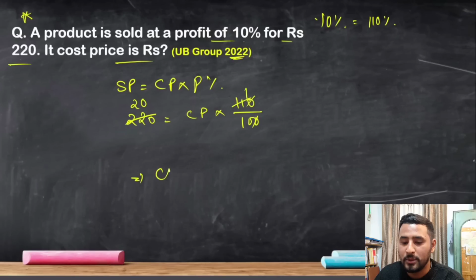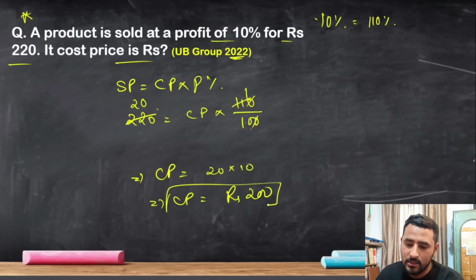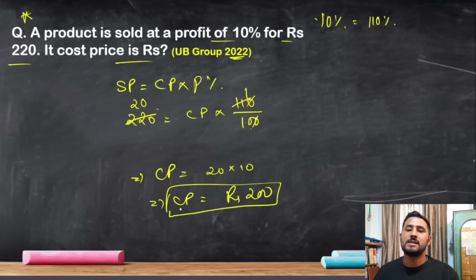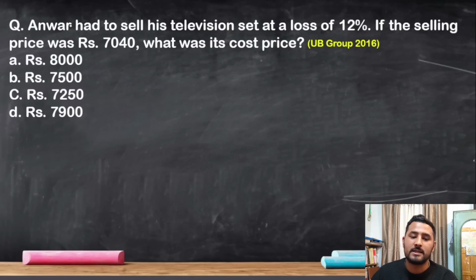So our CP will be 10 multiplied by 20. You get CP as rupees 200. I hope this is clear. Use this formula only always. You don't need to do that long method. Okay, let's see the next question.